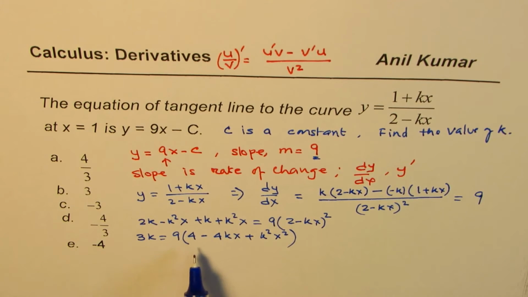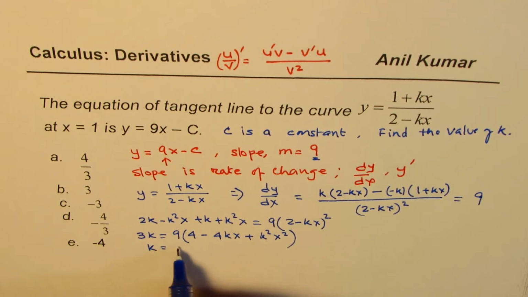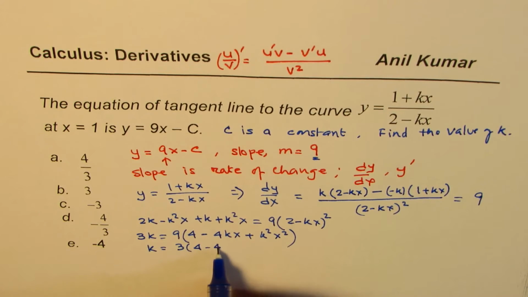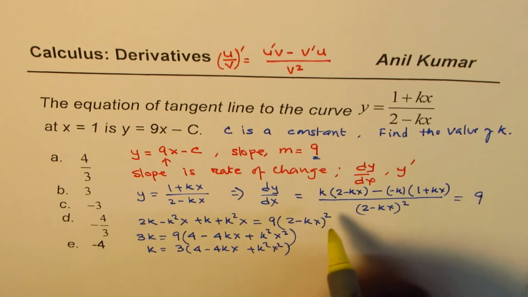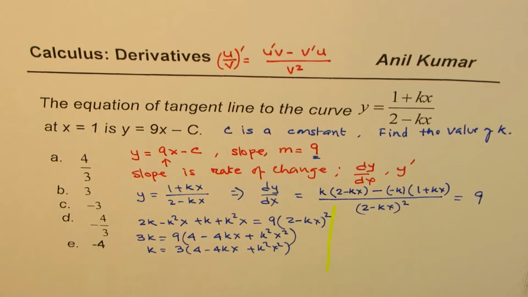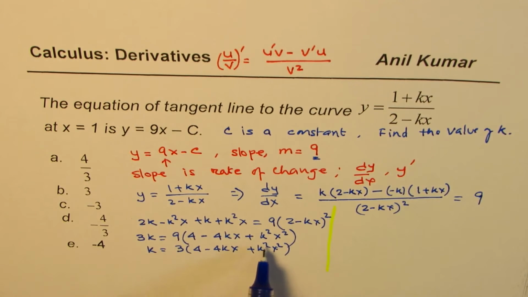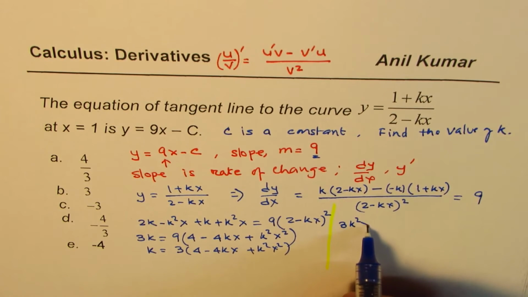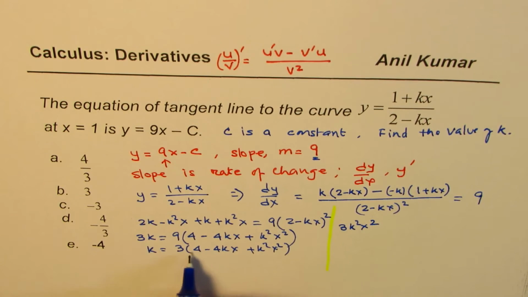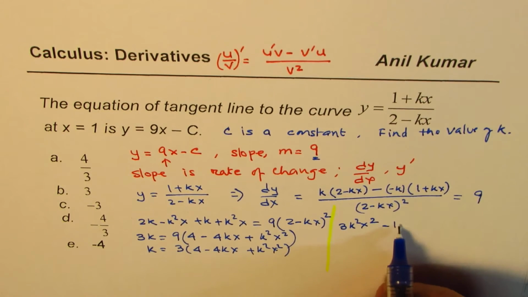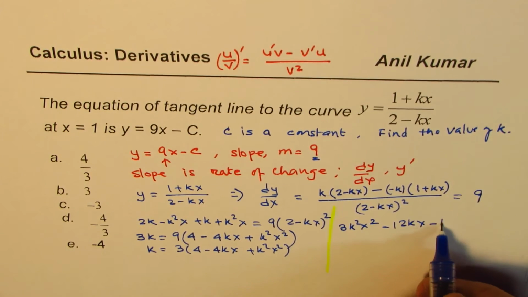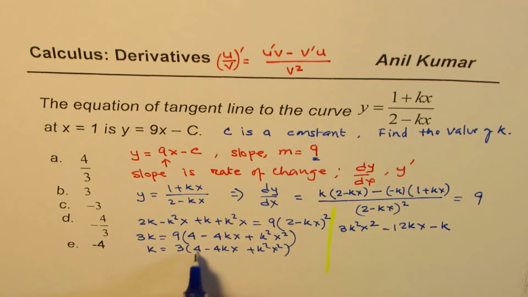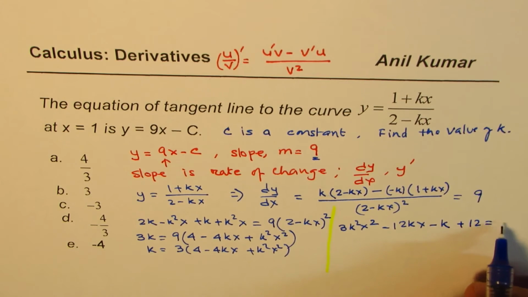Now I can divide by 3. So we get k equals 3 times (4 minus 4kx plus k square x square). There is very little space here, so let me rearrange all this. We have 3k square x square, minus 12kx, then k comes to this side so minus k, and then plus 12, equals 0.